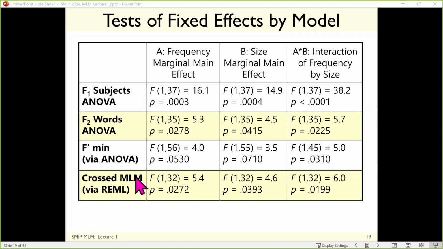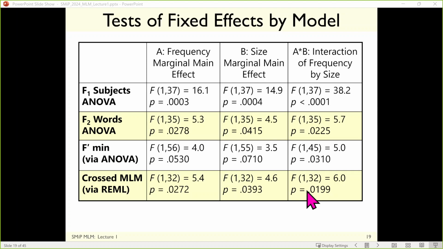So we have on the bottom here the F tests for the main effects and the interaction from the crossed random effects model that we landed on. And then I have highlighted here the F2 ANOVA. And you know what? These look shockingly similar. They're kind of the same thing.